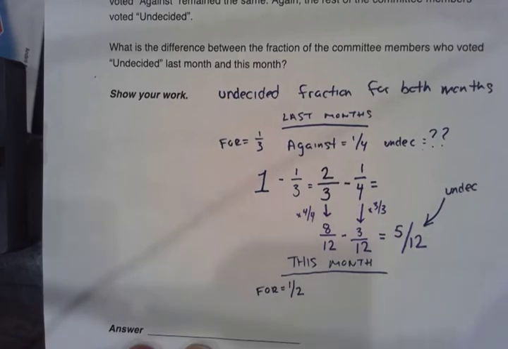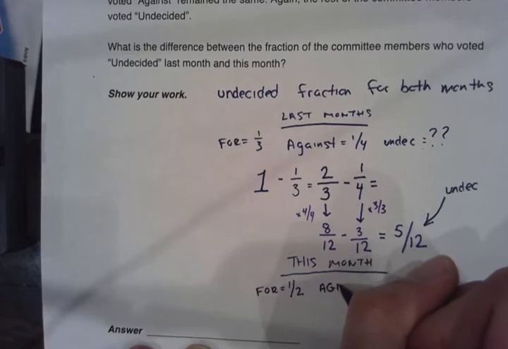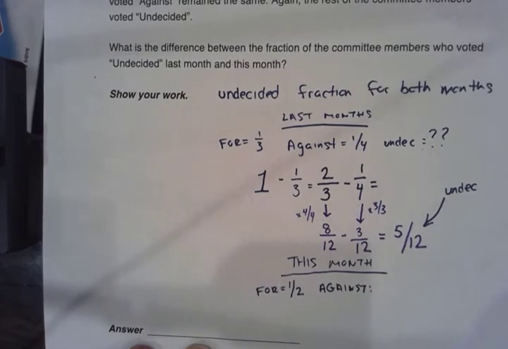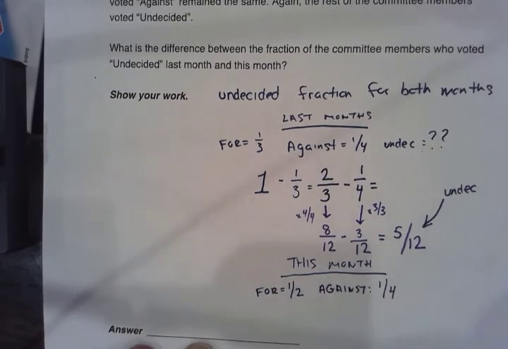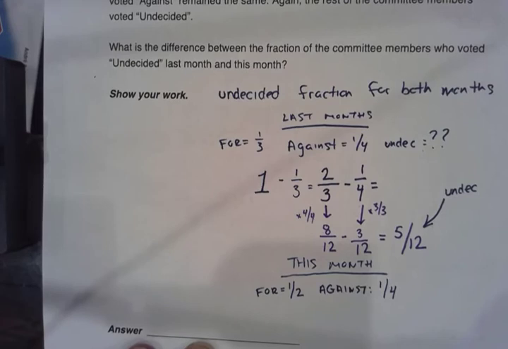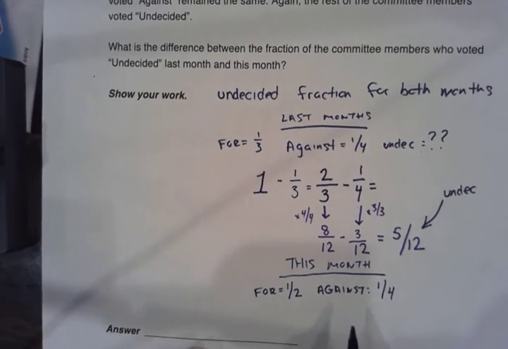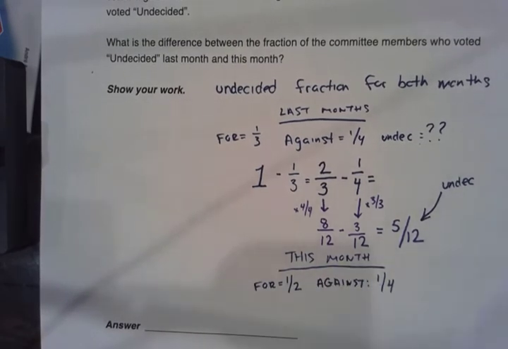Against, they said it was the same amount. And against had 1/4 last time. And then undecided, we need to figure out once again. So if we subtract these two fractions from our 1 whole, we're going to get our undecided once again.